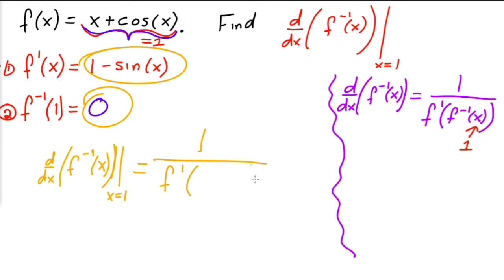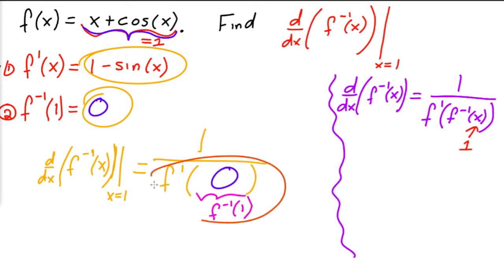So f prime of f inverse at 1, which is equal to 0. So this guy right here represents f inverse at 1. Then this guy right here is going to be f prime at 0, which is 1 minus sine of 0, which is simply 1. So then the result is just equal to 1.